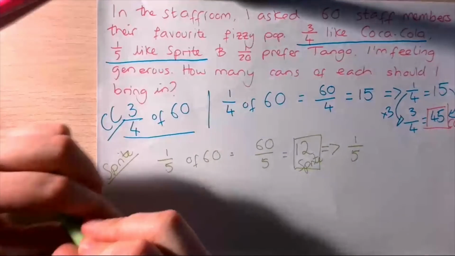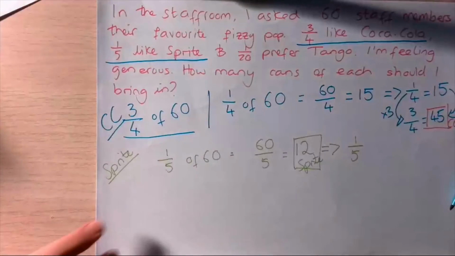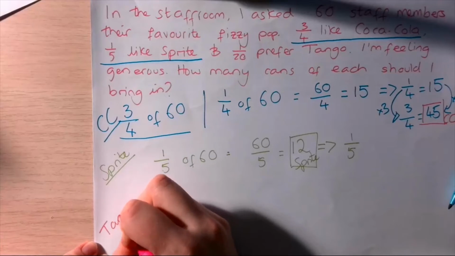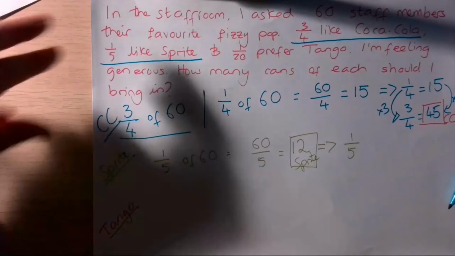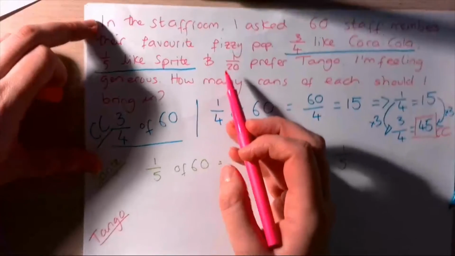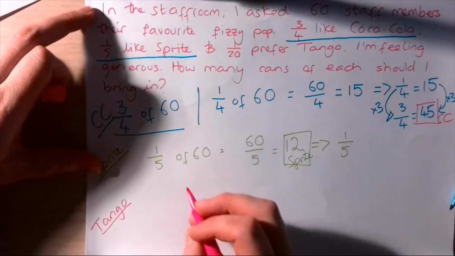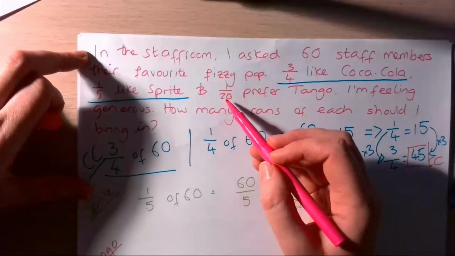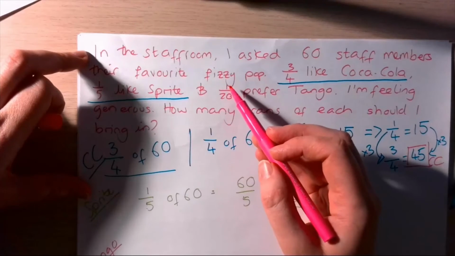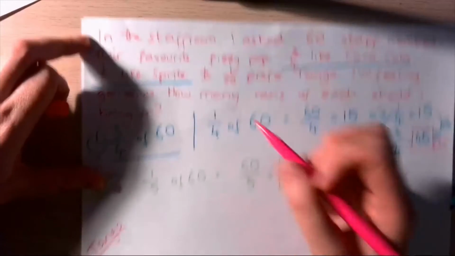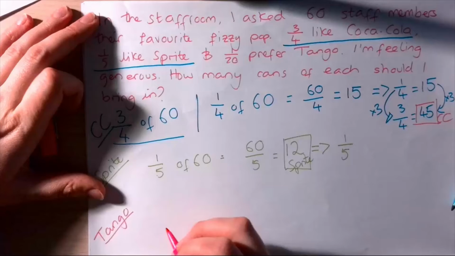Okay, and then the last one, we're looking at Tango. And we're actually looking for 1/20th. It's a really small fraction, that one. Because what we've got is something being cut up into 20 pieces, and we want one of them. So it's going to be quite a small piece, a small number of people here.